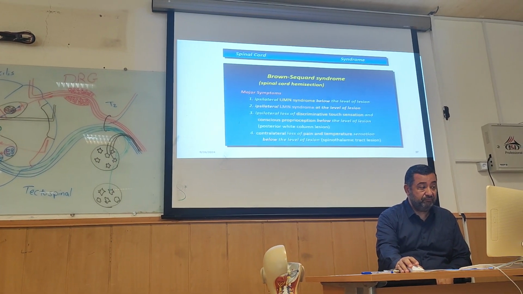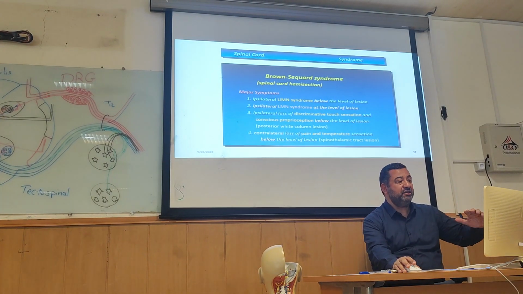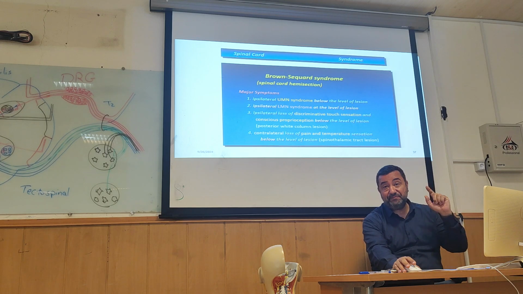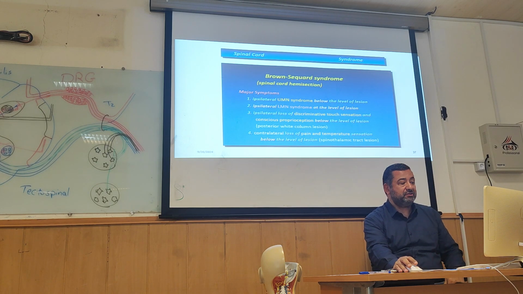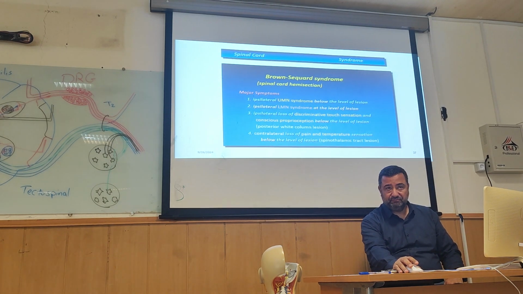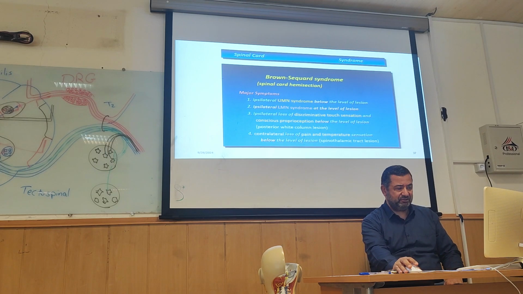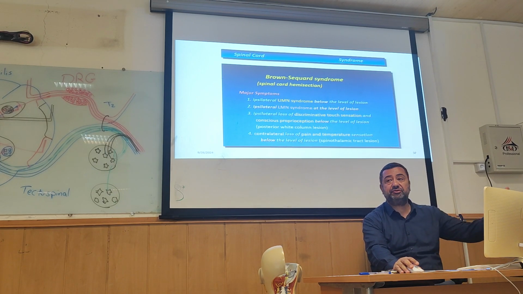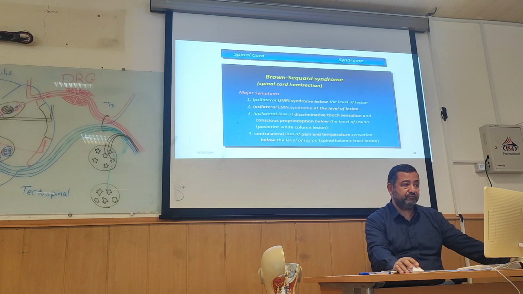Below the level of the lesion, there is ipsilateral loss, but loss of pain and temperature is on the contralateral, opposite side. You see here, ipsilateral loss of discriminative touch sensation, and ipsilateral lower motor neuron syndrome at the level of the lesion.